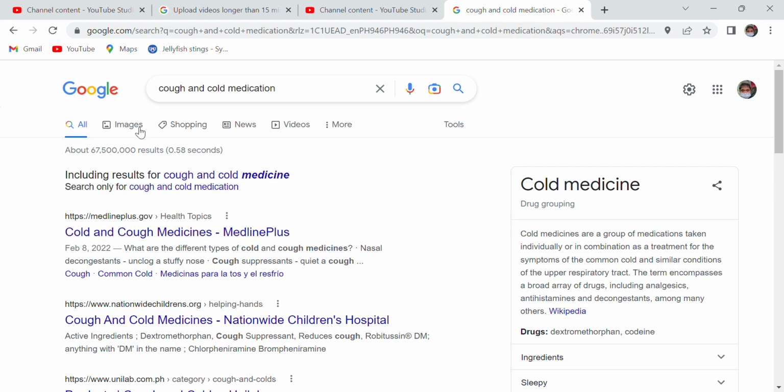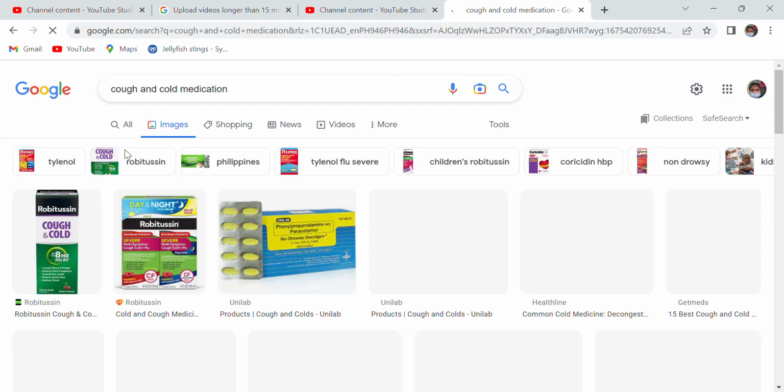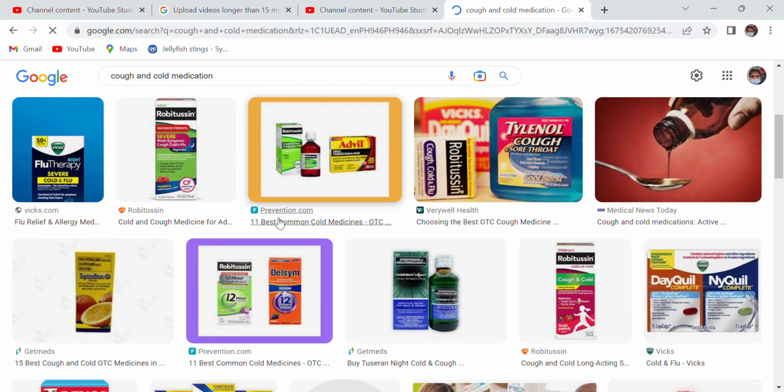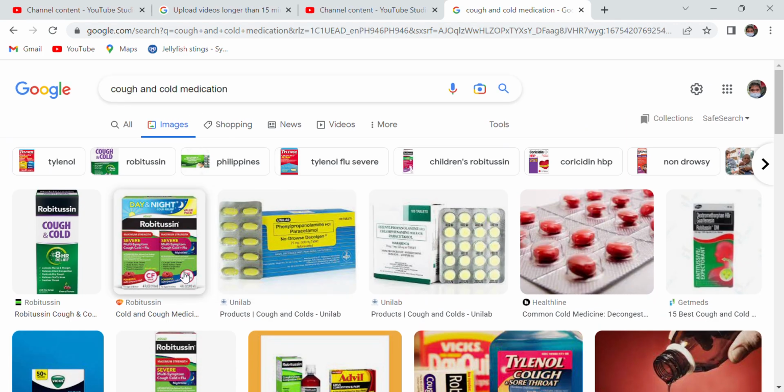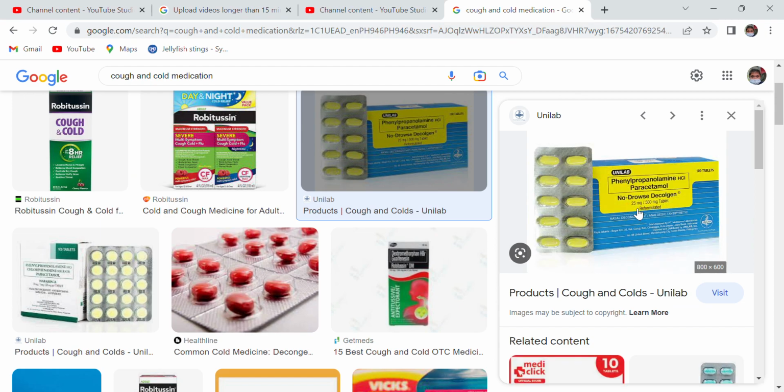But you see here in the images, different cough and cold medications will appear on your screen. Let me discuss this one, the phenylpropanolamine and paracetamol. Actually this is only for colds.